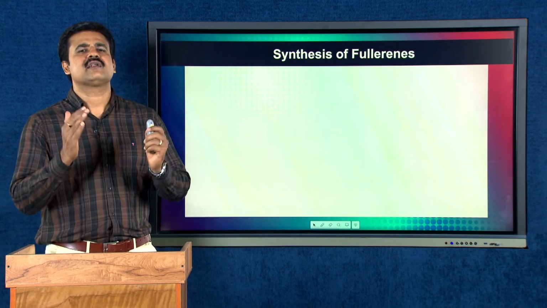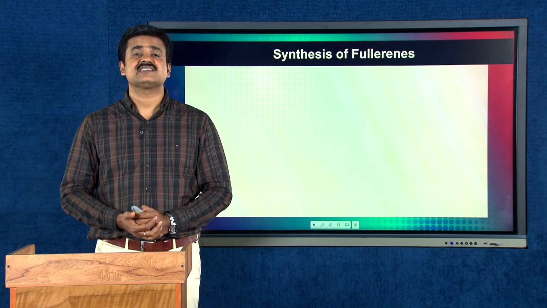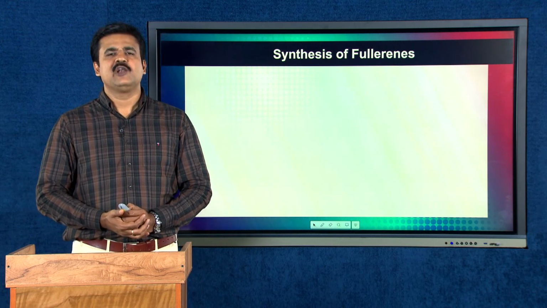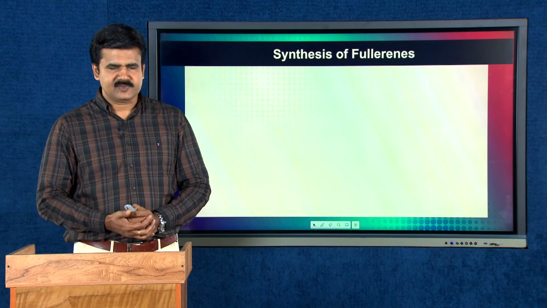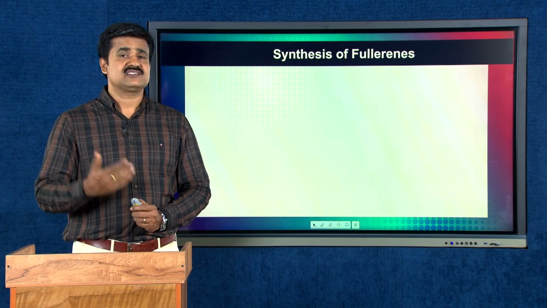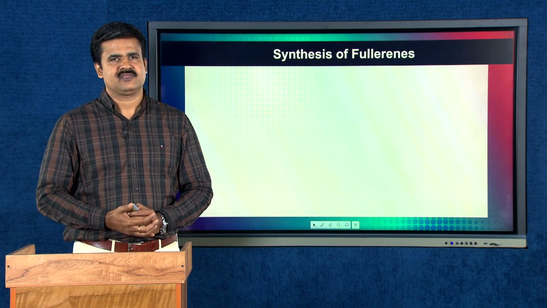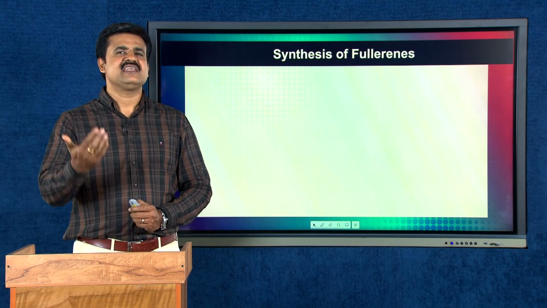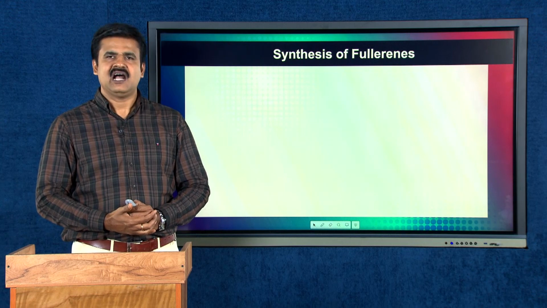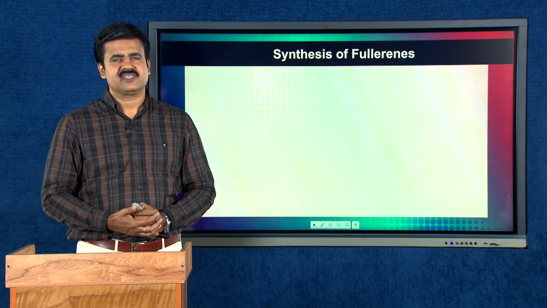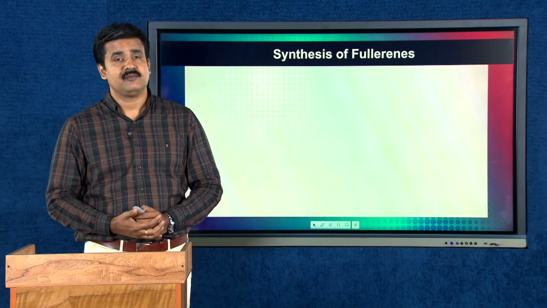Now we are looking at the synthesis of fullerene. Fullerene being a carbon based nanomaterial, we know there are several methods for the preparation of nanomaterials. So, fullerene can also be prepared by several methods.